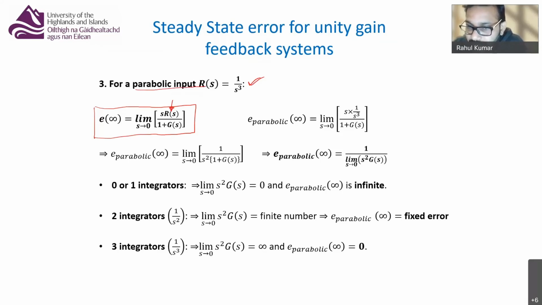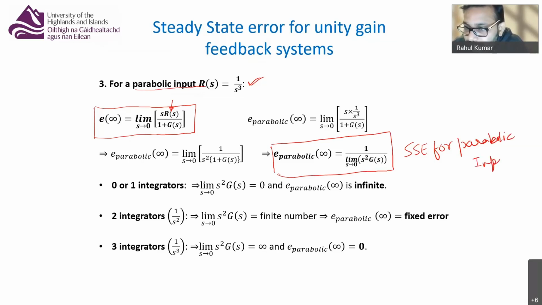I have replaced that and simplified the equation to get the steady state error for parabolic input. Again, I have tried and tested it for different numbers of integrators, or free s terms, in G(s) in your transfer function.